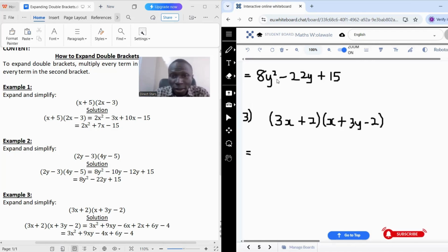So here we have 3x multiplied by x. We're going to have this to be 3x squared. Also 3x multiplied by 3y. We're going to have this to be plus 9xy. Also 3x multiplied by minus 2. We're going to have this to be minus 6x.